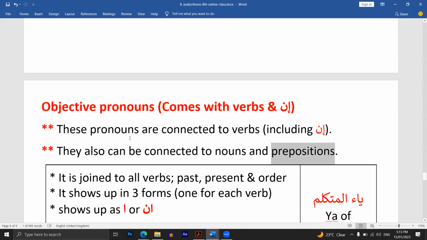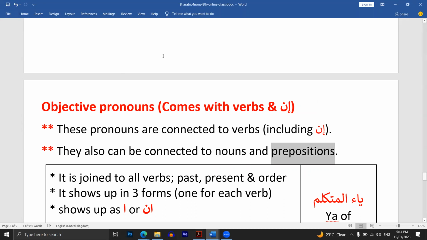Subjective pronouns join only verbs, including the verb كان. But objective pronouns will join verbs, inna and its group, and furthermore nouns. And whenever they join nouns, in this case, they will be possessive pronouns. And also we can see them joining prepositions.